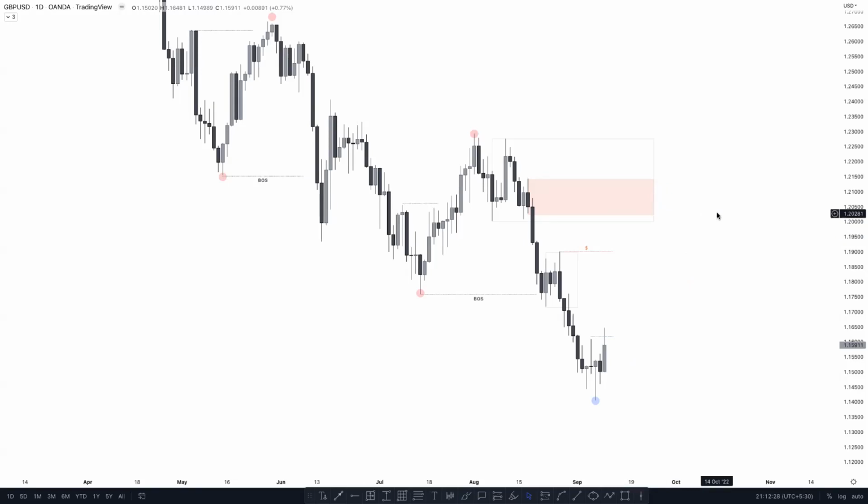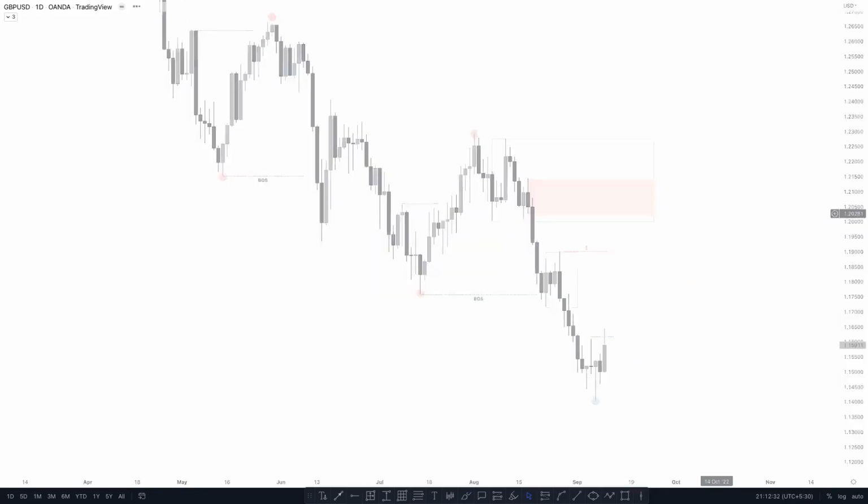Now let's switch into the 15-minute, then we can understand what is happening here in the intraday time frame.